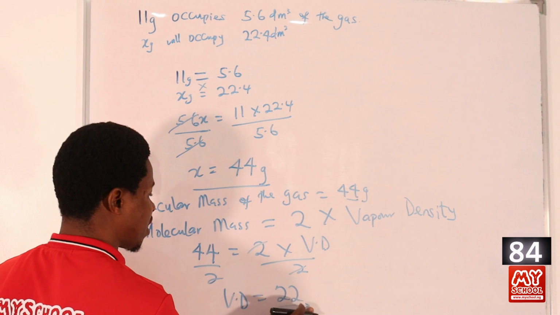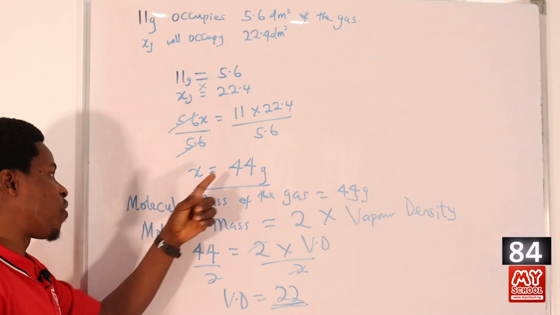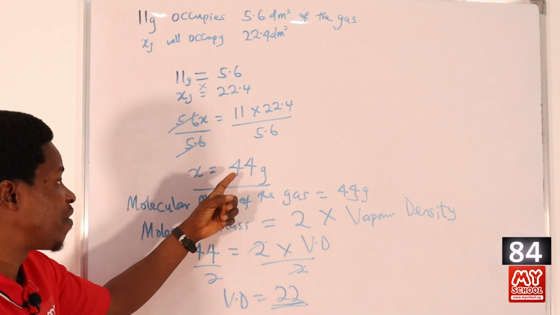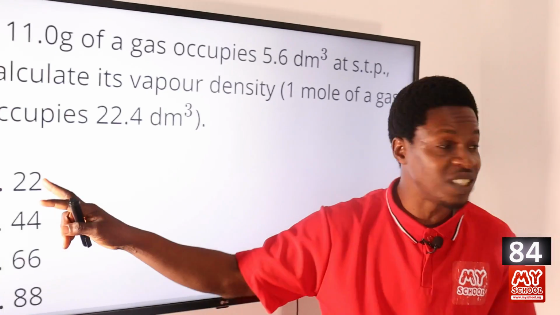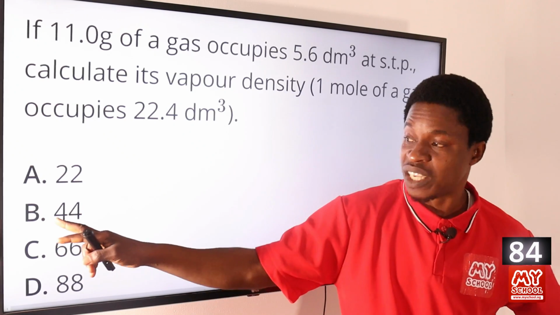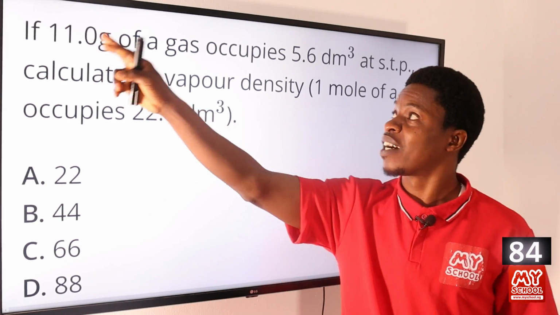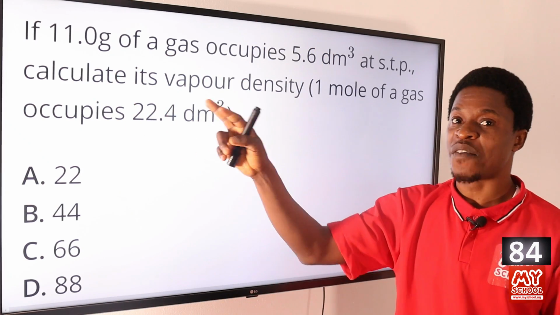It's vapor density, so that's 22. If you look at it, we have 44 here, you have 22 here. So you have to be careful, because it's possible you could have the two answers. Let's look at the screen. Option A says 22, like we had. Option B says 44. If you had just related that 11 gram occupies 5.6, then x occupies 22.4, you would have had 44 and stopped there.